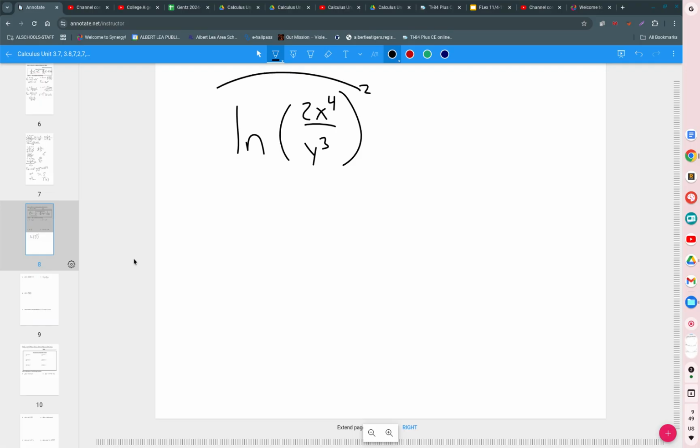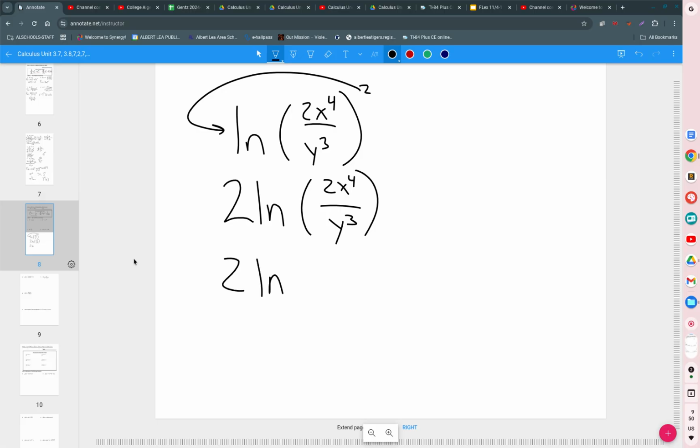So she's going to drop that 2 and put it in front and say 2 times the natural log of 2x to the fourth over y cubed. Do you guys remember that? Do you then remember that you could take the logarithm of division and separate it into subtraction? 2 times the natural log of 2x to the fourth minus 2 times the natural log of y cubed. Yes, no?